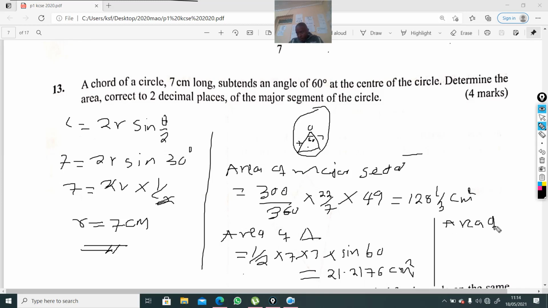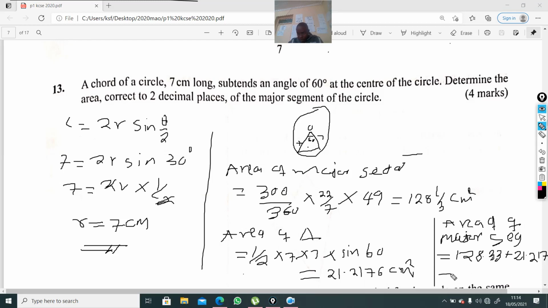And therefore the area of the major segment, that is what I'm asked, is the area of the major sector plus the area of this triangle. We add the two: 128.33 plus 21.217.